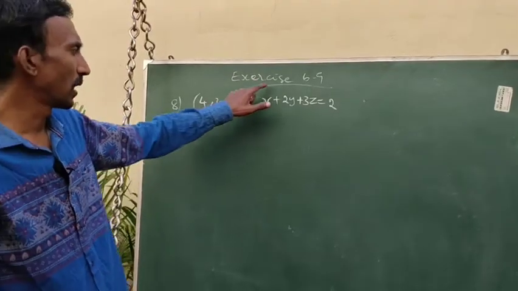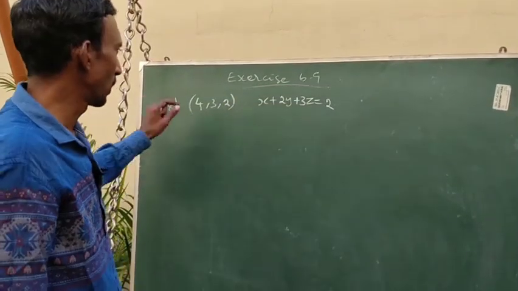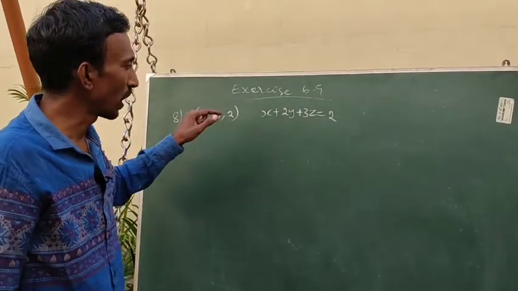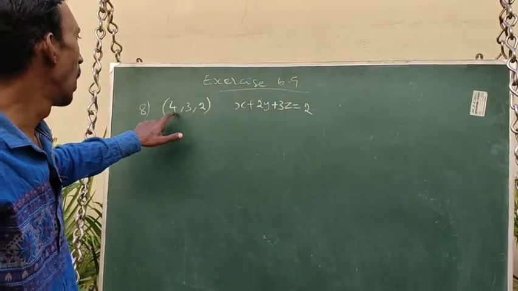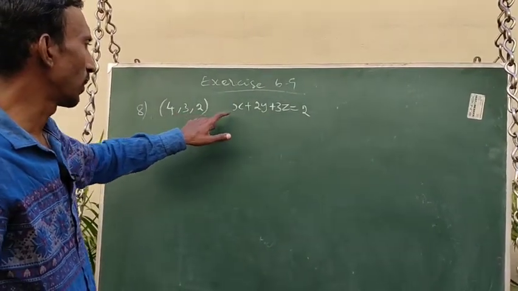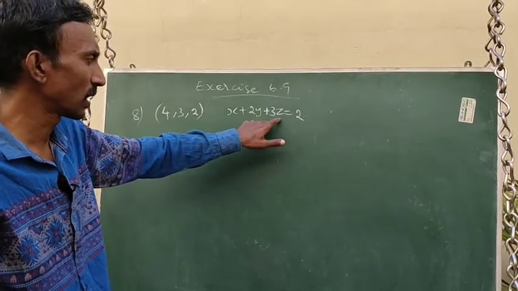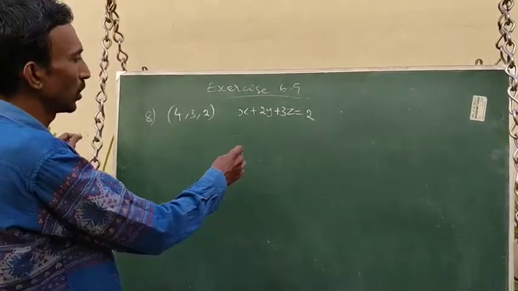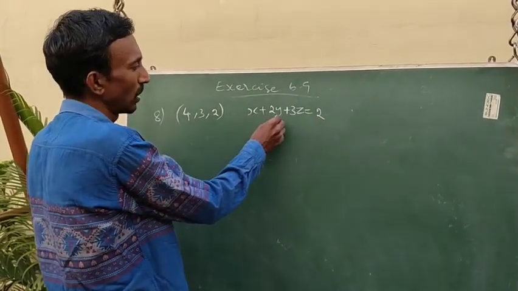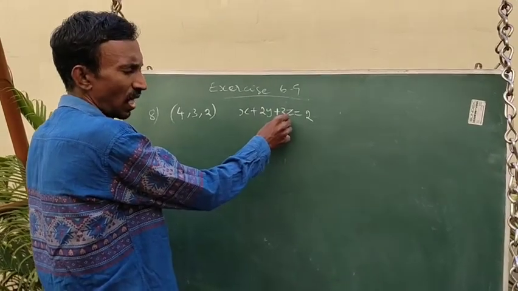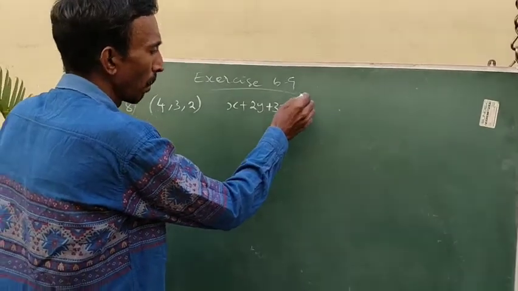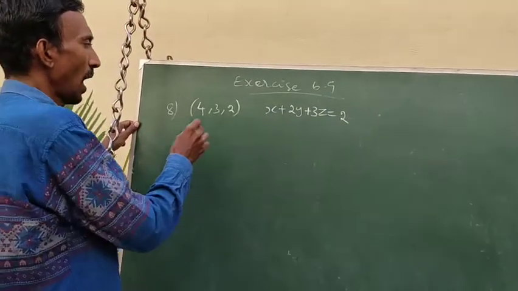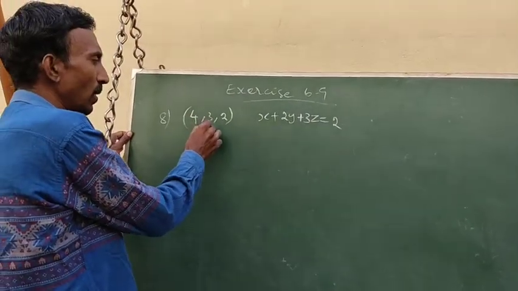So the last question in exercise 6.9, question number 8: find the foot of the perpendicular and the length of the perpendicular from the point 4, 3, 2 to the plane x plus 2y plus 3z equal to 2. Assume the plane is ax1 plus by1 plus cz1 minus d equal to 0, where the point is x1, y1, z1.